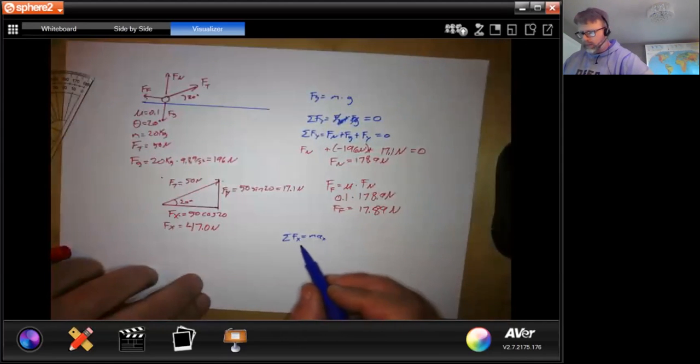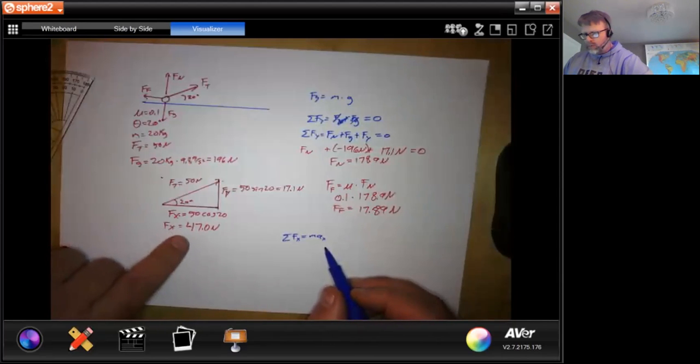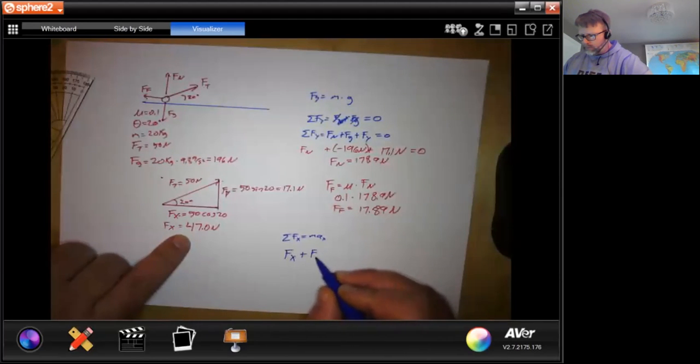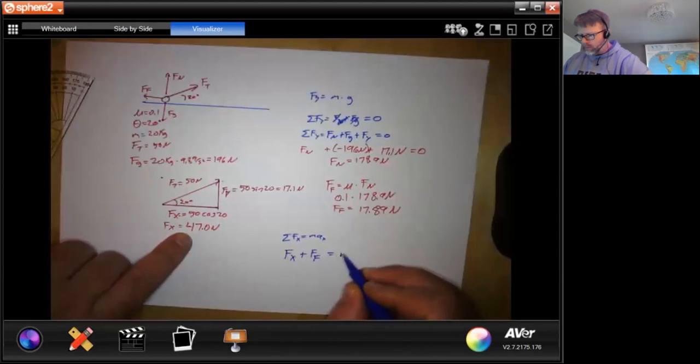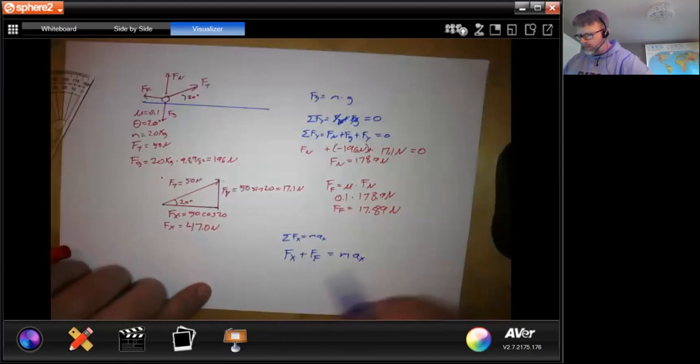We can look at the sum of the forces in the x. So we had F of x plus force of friction, and that's going to equal mass times acceleration. Those are the only two pieces we had in the x.